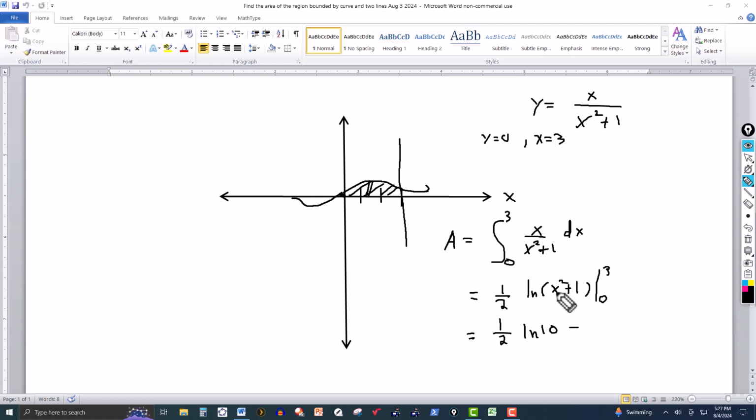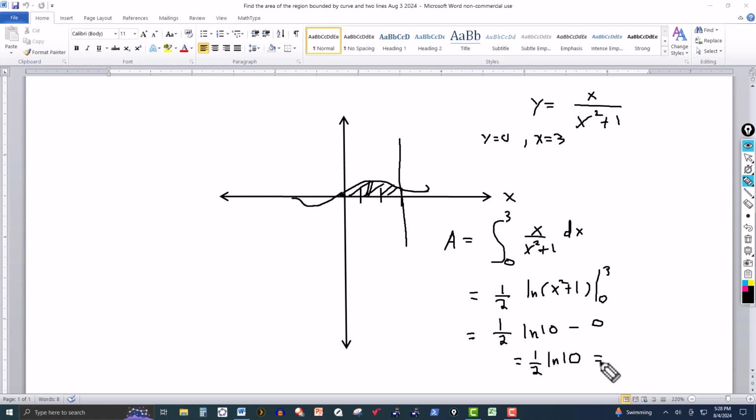If I put a 0 where the x is, 0 squared is 0, plus 1 is 1. Natural log of 1 is 0, times 1/2 is still 0. So I'm left with 1/2 natural log of 10. That's the area in square units.